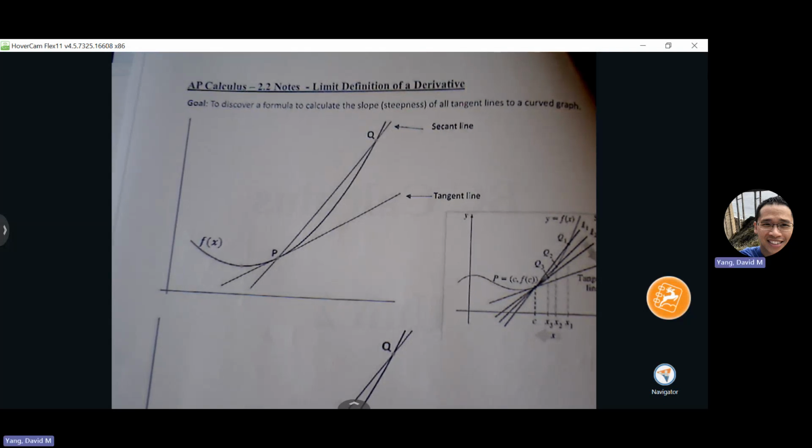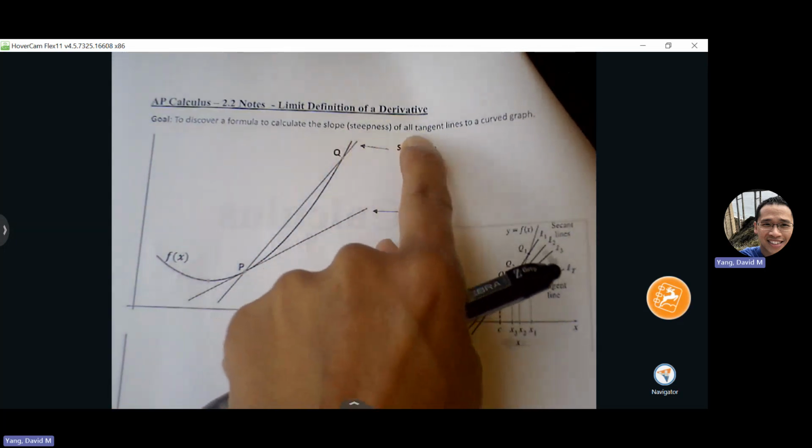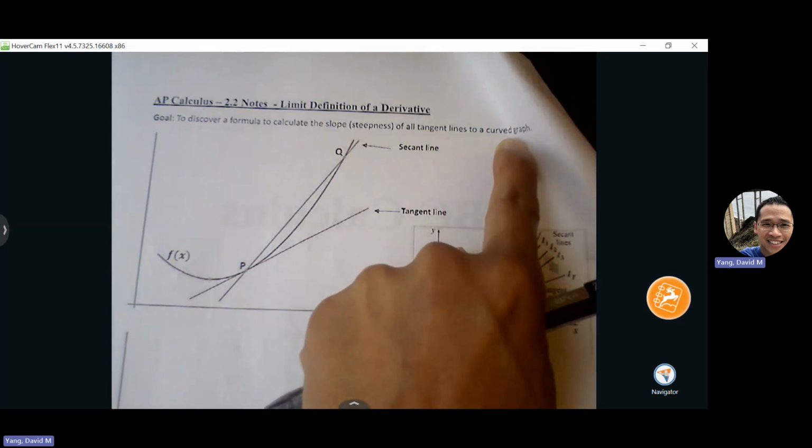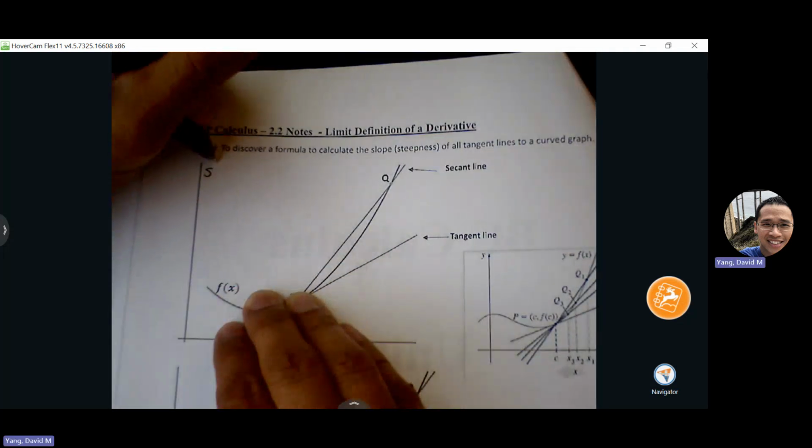So our goal is to discover a formula that can calculate the steepness of all tangent lines to a curved graph. We know the slope of a secant line.